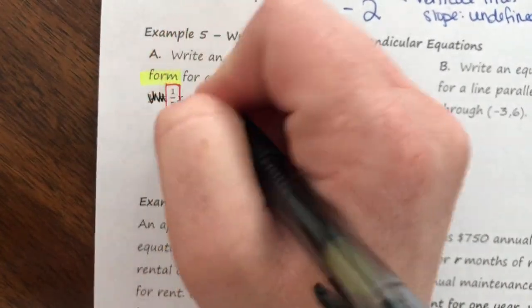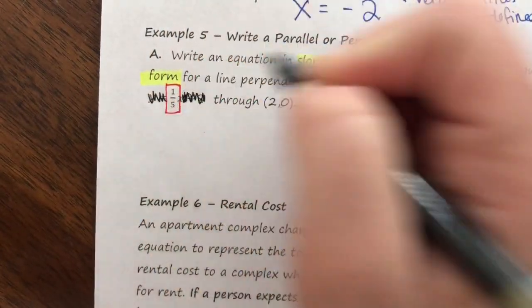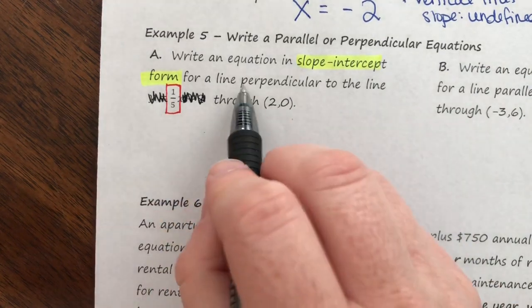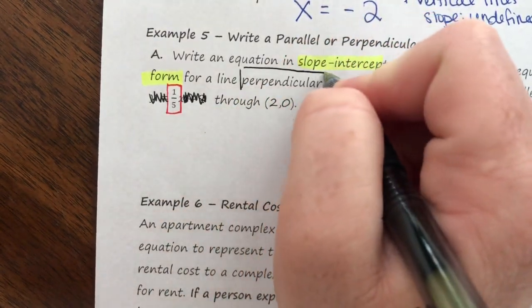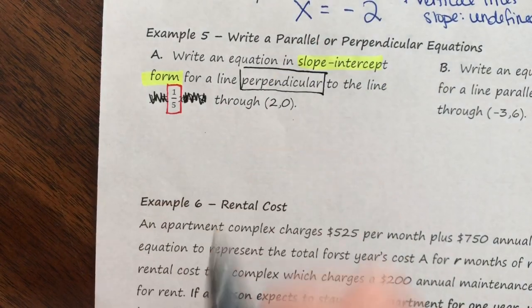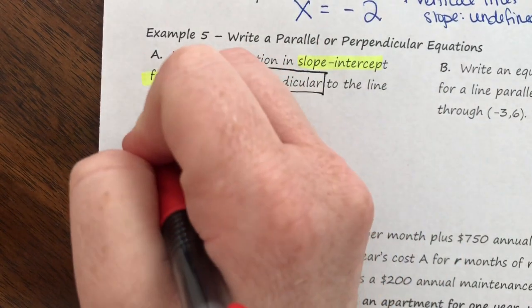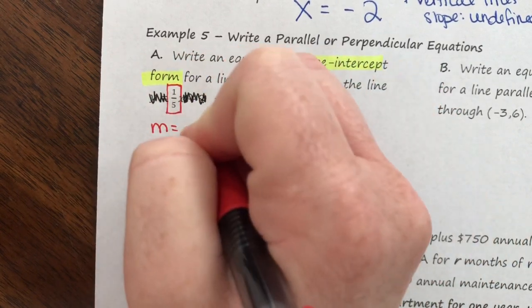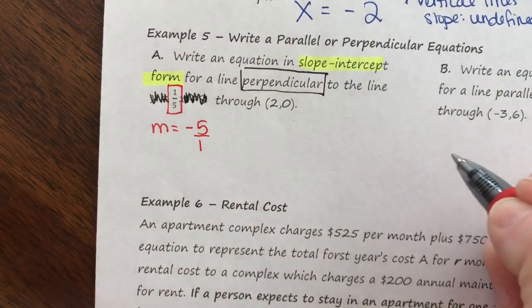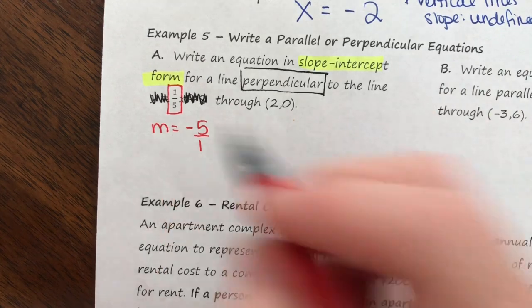This equation has nothing to do with anything. It's not our equation. We don't care about anything except for the slope. And our line is going to be perpendicular to this slope. So if this slope is positive 1 over 5, our slope is going to be negative 5 over 1, or just negative 5. That's our slope, okay?